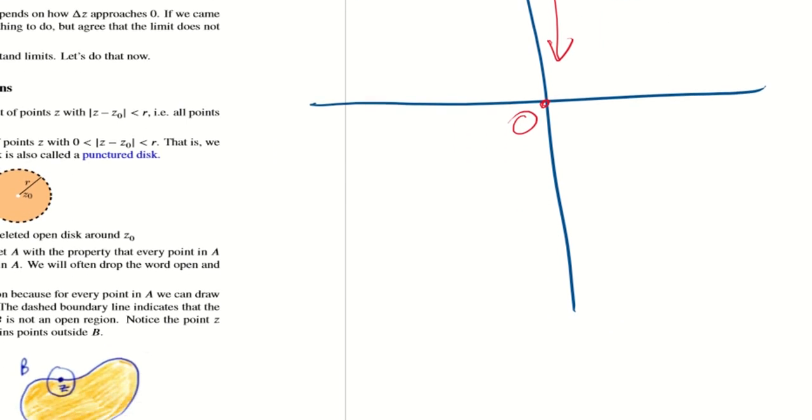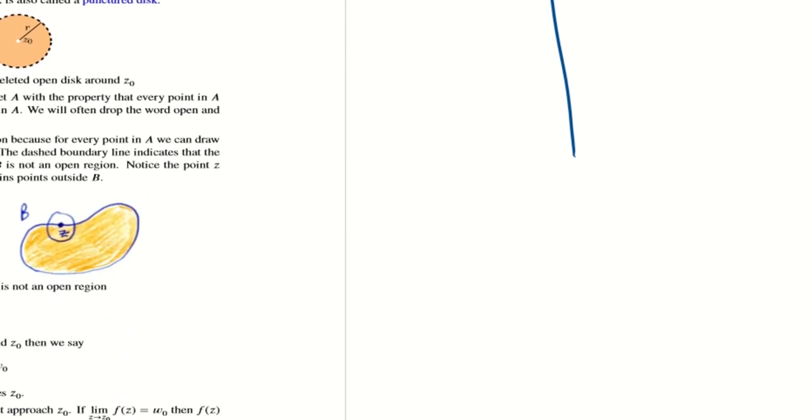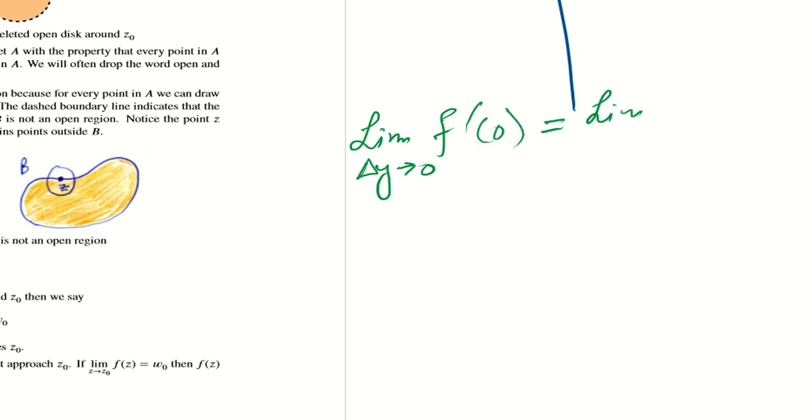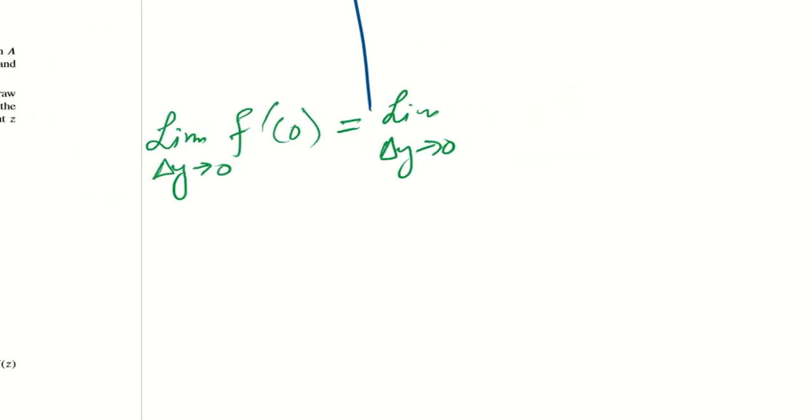So we say that limit delta y now approaching 0, f prime of 0 is equal to limit delta y approaching 0 of minus iota delta y over delta y, because we have put delta x equal to 0.